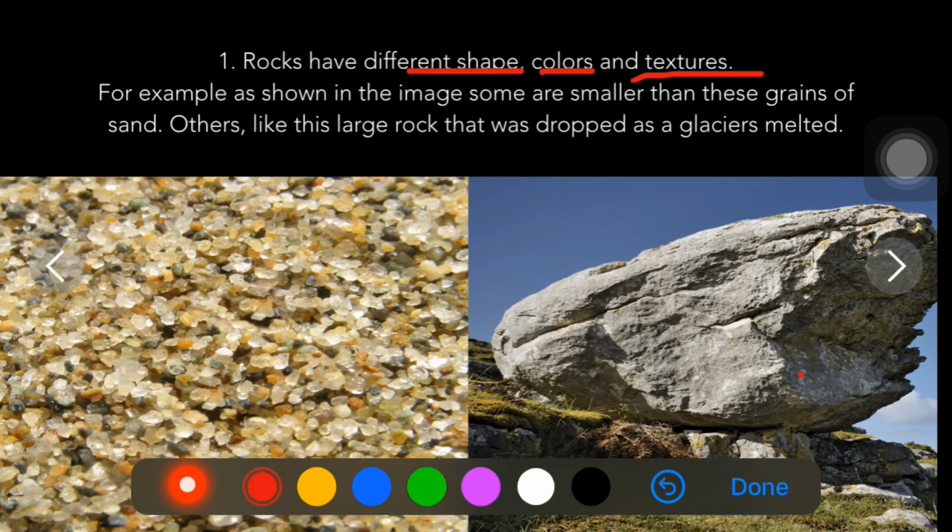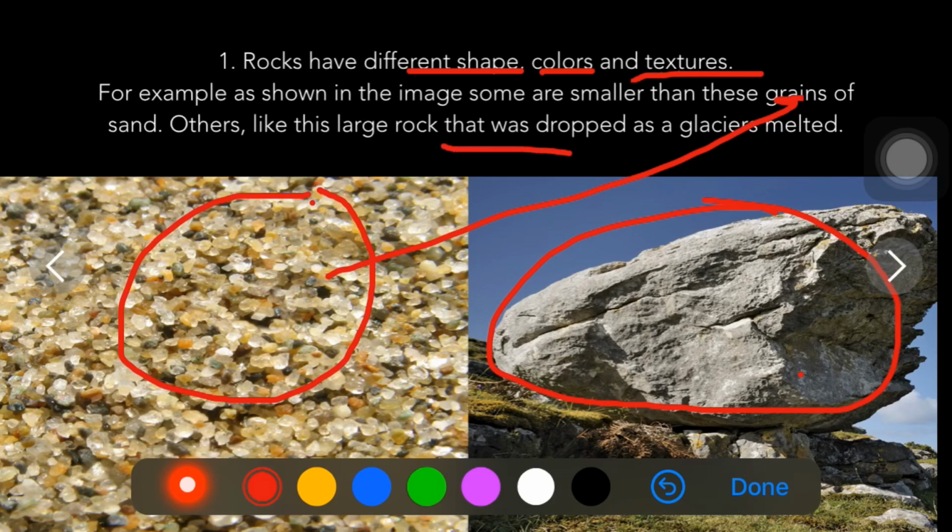For example, in these two images on the screen, the first image is a rock which almost looks like grains, very small parts of rock, and on the other hand there is a huge rock which was dropped off as a glacier melted. So each and every rock has its own unique feature and its own unique identity.